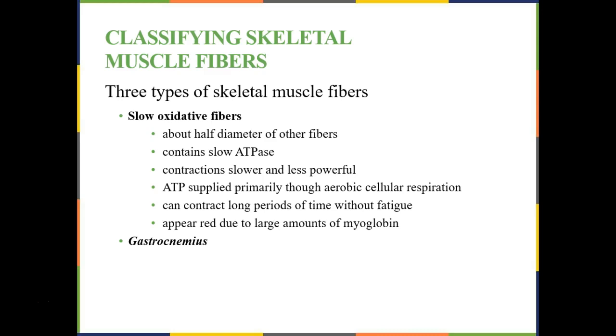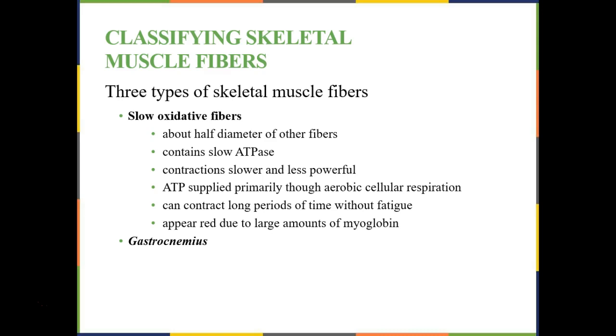So your legs, which function for very long periods, need a lot of energy and need to not fatigue very fast, and are going to be dark in color or have that red appearance because of the myoglobin. An example of one of these fibers would be the gastrocnemius.